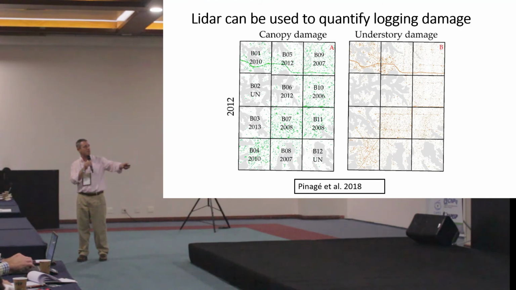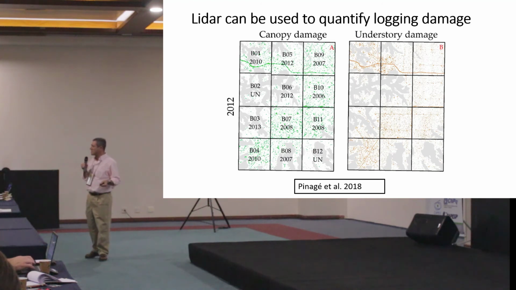So these are the areas of ground damage. And you see from these areas that were logged several years earlier, the ground damage is difficult to see. You see from the recently logged areas for images taken in 2012, the recently logged areas show up much more.